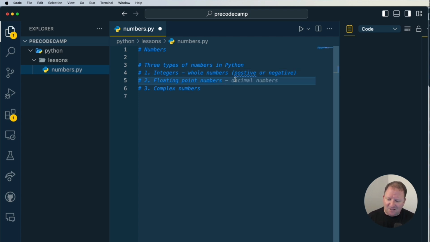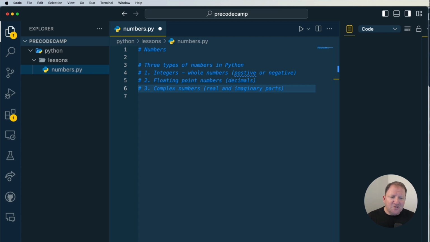So this can be with decimals, and we're also going to deal with fractions as well with this. Complex numbers, again, that's going to be numbers with real and imaginary parts. So understanding how these types allow you to perform different mathematical operations will definitely help you out here.